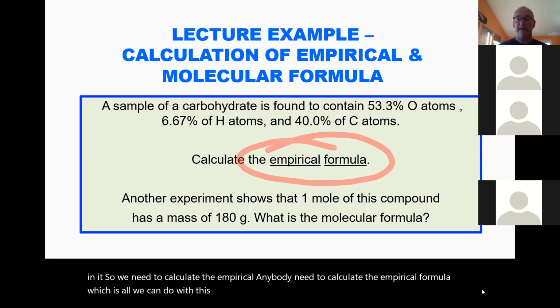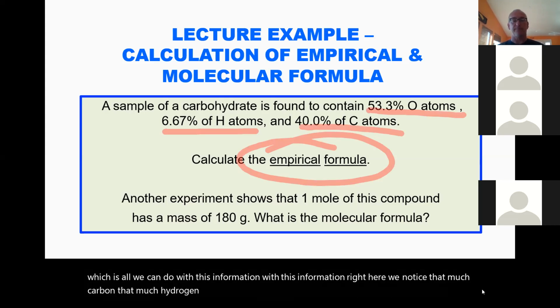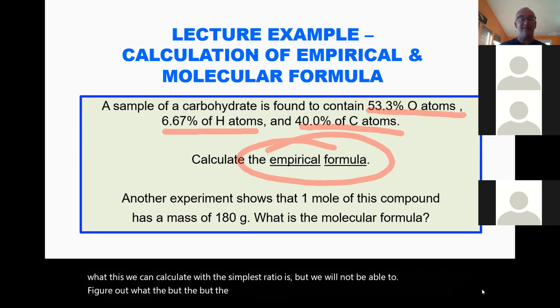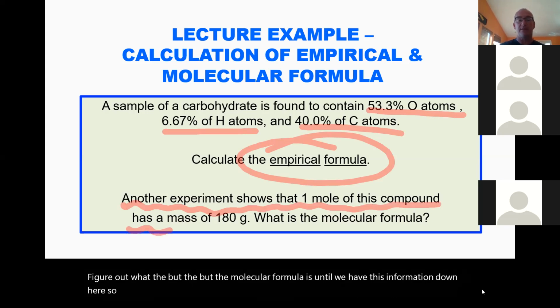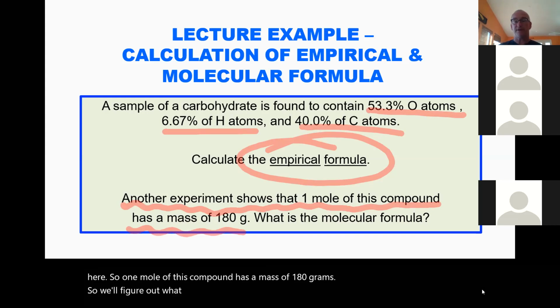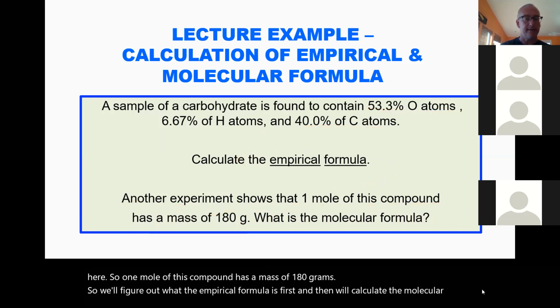With this information right here, we know there's that much carbon, hydrogen, and oxygen. So we can calculate the simplest ratio, but we will not be able to figure out the molecular formula until we have this information down here. So 1 mole of this compound has a mass of 180 grams. We'll figure out the empirical formula first, and then we'll calculate the molecular formula. So let's go through how to do that.